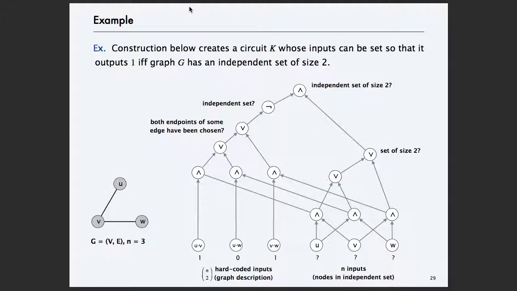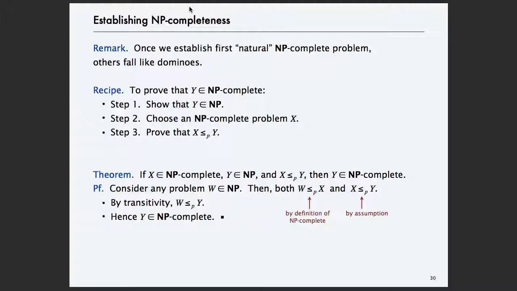We have a 0, we have a 1. And this would be the things that the circuit satisfiability oracle would have to satisfy. That tells me which of the two are in there. And by this cool cheating thing, we have shown one NP-complete problem.